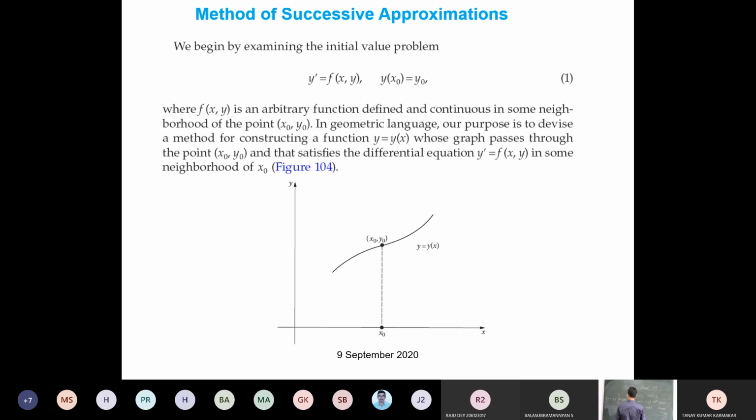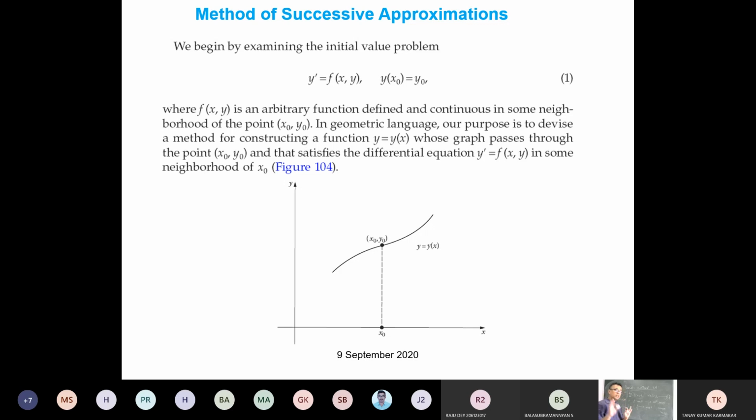Now, see, this is my problem, and this is an integral equation, which is giving me an expression for the assumed solution y(x) in terms of an integral. Is it okay with everybody? Fine. Okay. Yes. In fact, Picard was trying to find an equivalence between y(x) being a solution of this and y(x) being a solution of this.